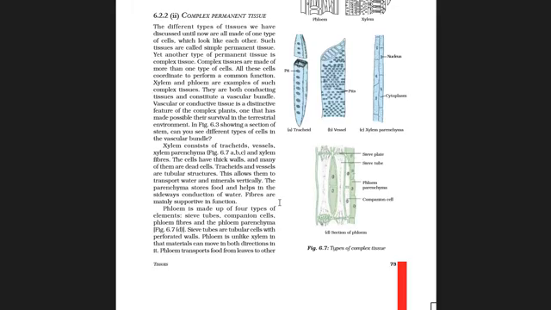Xylem parenchyma, as the word parenchyma is here, we can say that it is doing the function of storing, and fibers are mainly supportive in function. Is it clear, children? Xylem part to everyone?